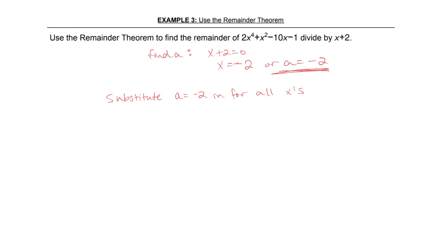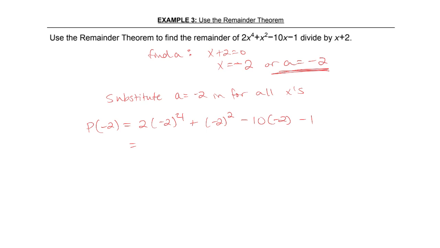Okay, so p of -2 equals 2 times -2 to the 4th plus -2 squared minus 10 times -2 minus 1.